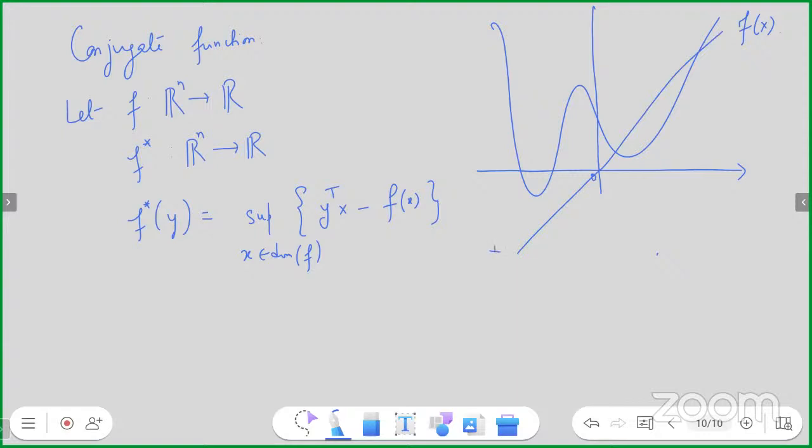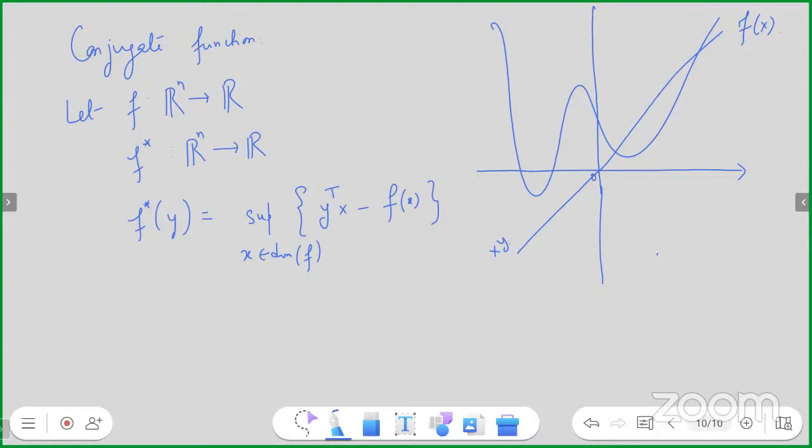So this is my line, x times y, for a fixed y. What is it demanding? The supremum over y transpose x minus f of x. So can somebody now see what is going to happen for this particular function?